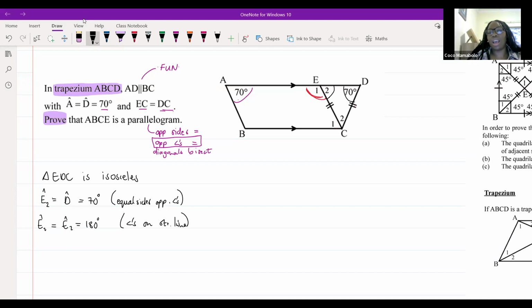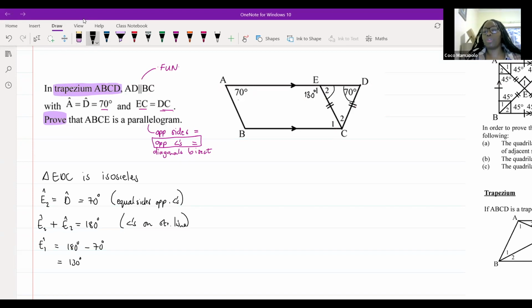I wrote equals instead of plus, sorry, guys. I know that E2 is equal to 70 degrees. So E1 is equal to 180 minus 70 degrees, which is equal to 130 degrees. So we now know that E1 is equal to 130 degrees.